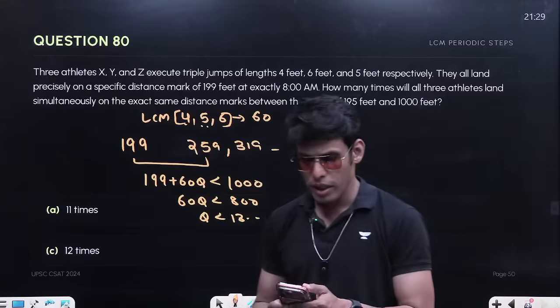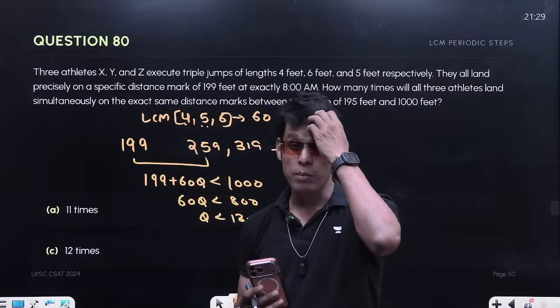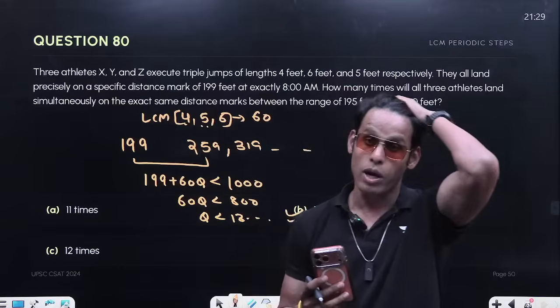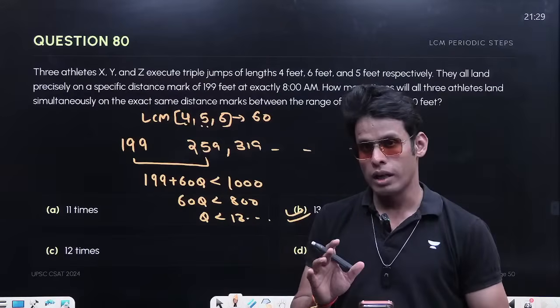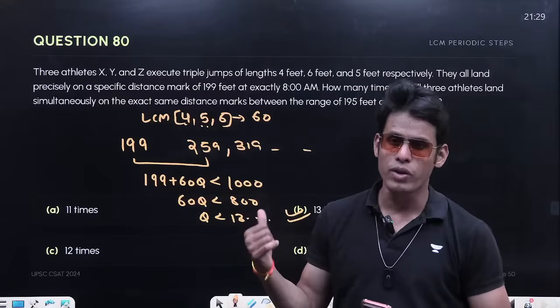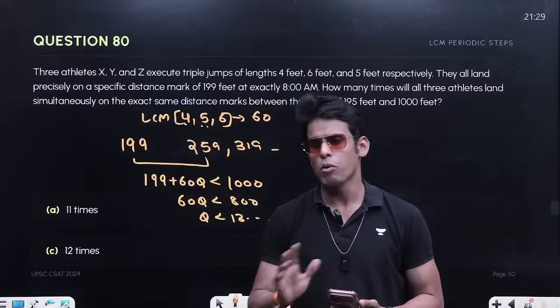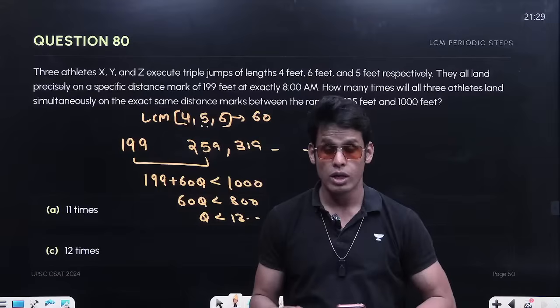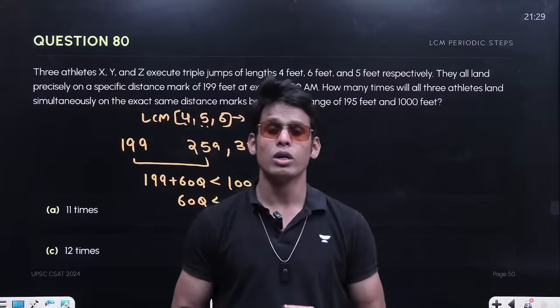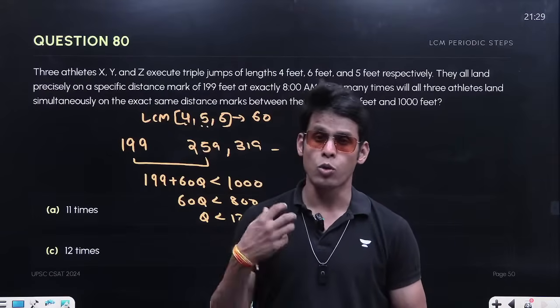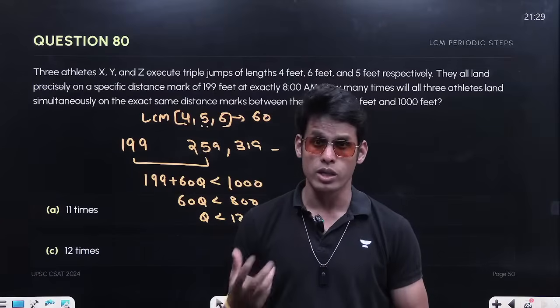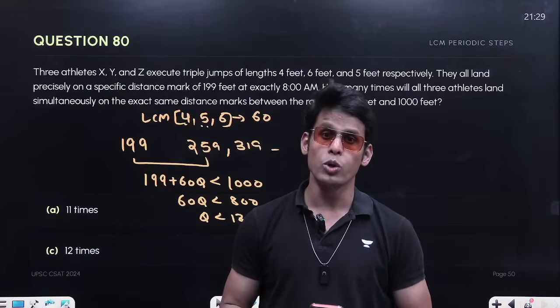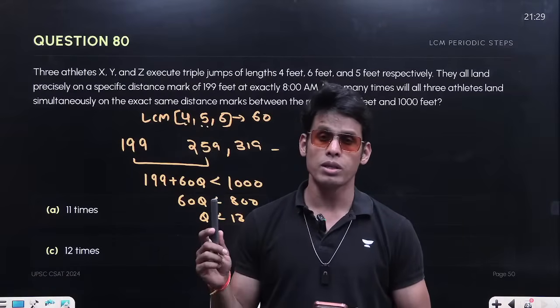So in my opinion, some of the problems made this paper very, very difficult, especially the last part of it. Out of the 50 problems, 20-25 problems were doable, and that is what I told you in the session also. In the one shot in which I solved the papers, I told you which questions to skip. I specifically told you there are certain lengthy problems which are to be skipped.